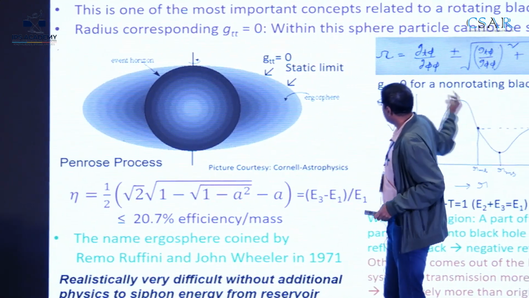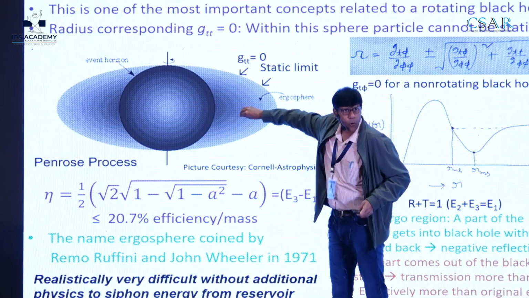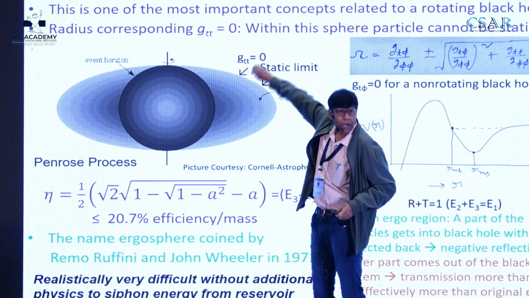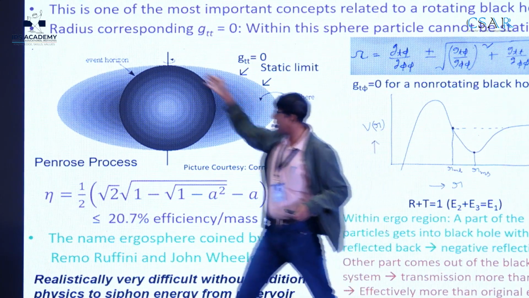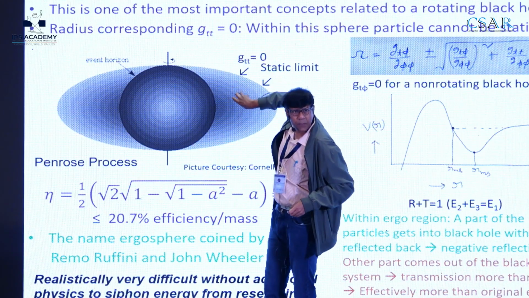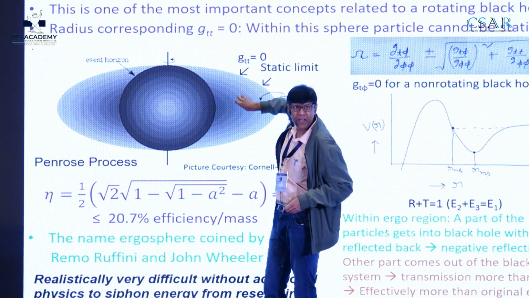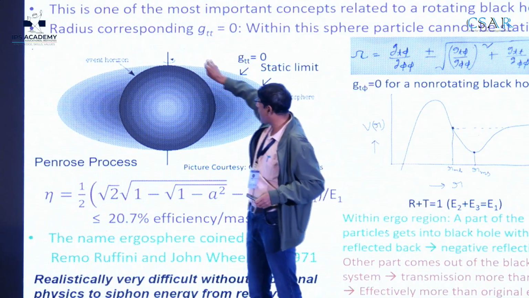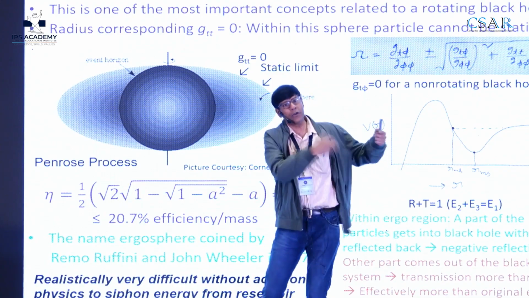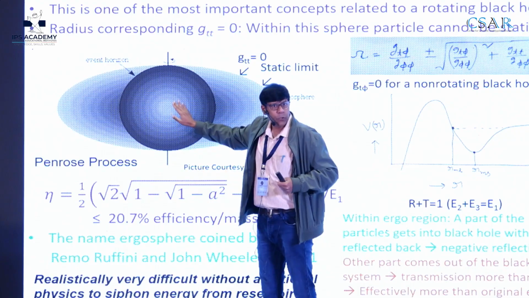Suppose a particle comes into this region and you split the particle into two parts. One is captured by the black hole due to strong gravity, and the other comes out by some means, or rather is scattered off. The one that is scattered off takes energy from this bath, because this region is influenced by the black hole's rotation, something called frame dragging. The one coming out takes energy from the black hole, leaving with more energy than that with which it arrived. The one that is captured carries negative energy.